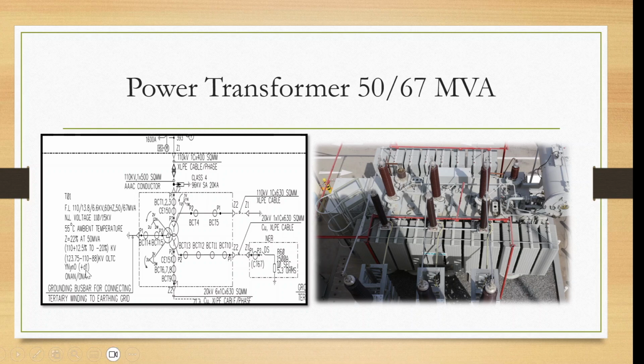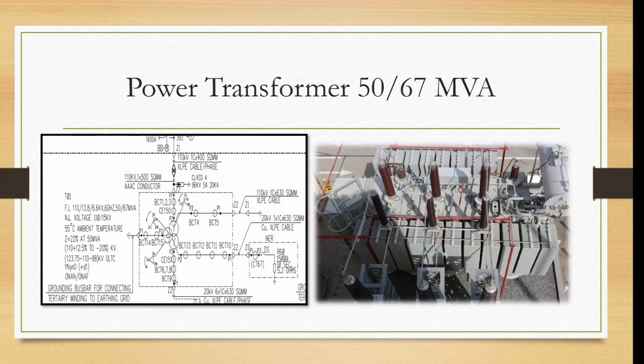For the tertiary, it is d1. D shows that the winding is in delta connection, and 1 shows the 30-degree phase displacement. You can go into the details of how these degrees are calculated. So 1 is equal to 30 degrees and 2 will be 60, depending on the requirement.